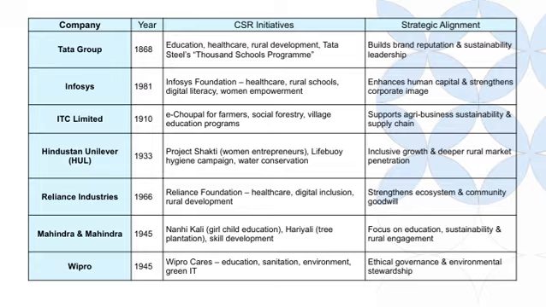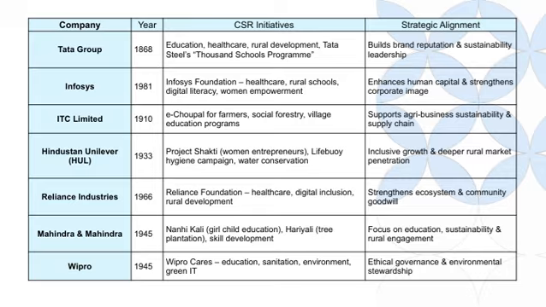Reliance Industries, founded in 1966, channels its CSR through the Reliance Foundation. Their focus areas are healthcare, digital inclusion, and rural development. These efforts help strengthen their ecosystem and foster goodwill within the communities they serve.